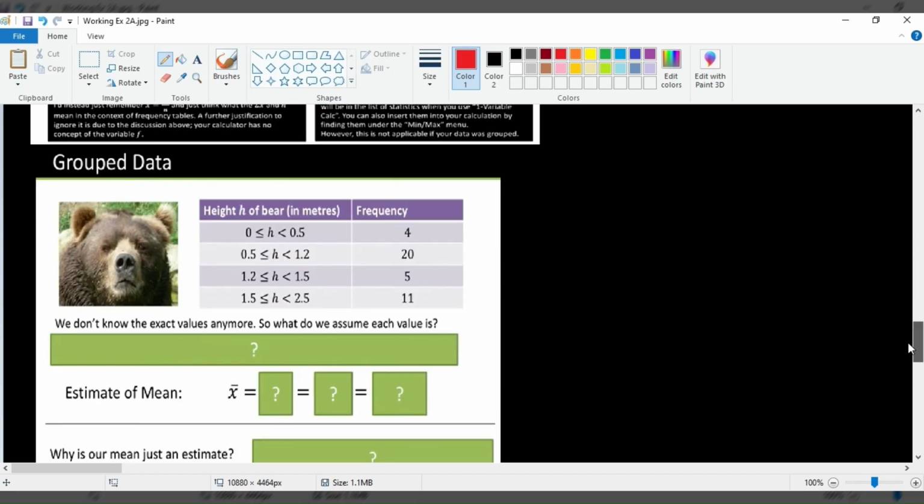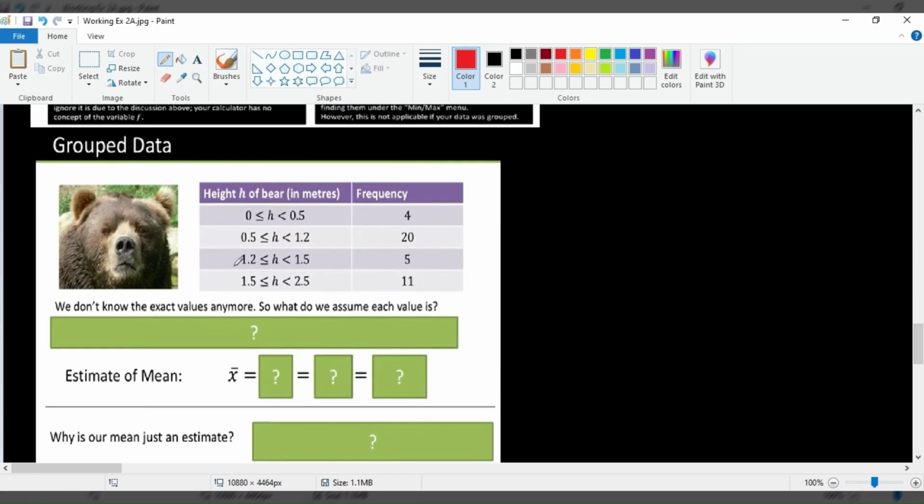Next slide, when we go in here, what you should know is that 0 to 0.5 is going to be 0.25, the midpoint, and for the second one it's going to be 0.85, and for the next one it is 1.35, and the midpoint of 1.5 and 2.5 is going to be 2. Now this has to be multiplied by 4, this has to be multiplied by 20, and this has to be multiplied by 5, and this has to be multiplied by 11.